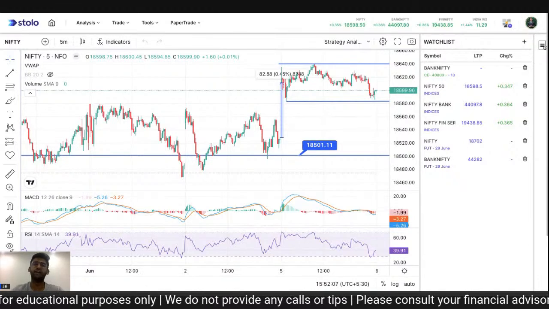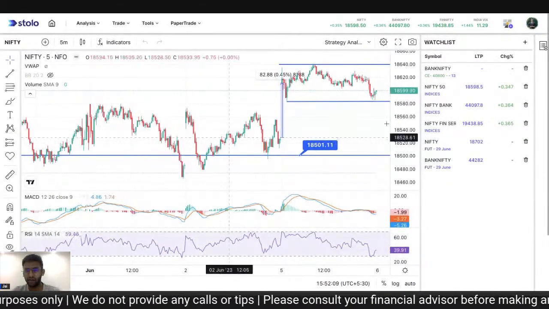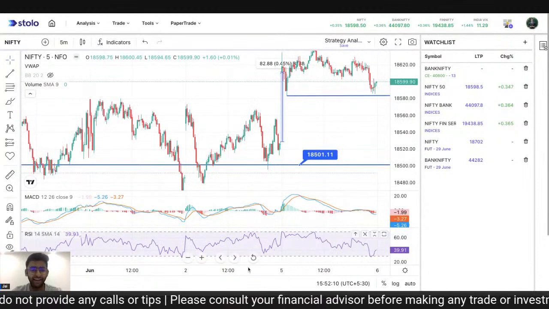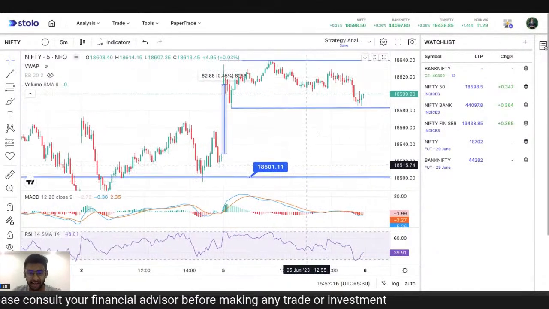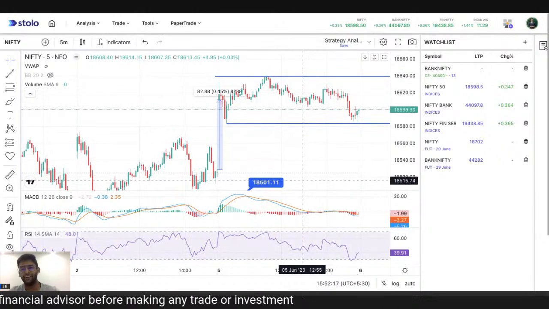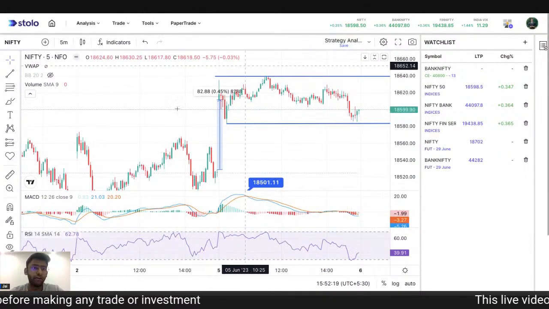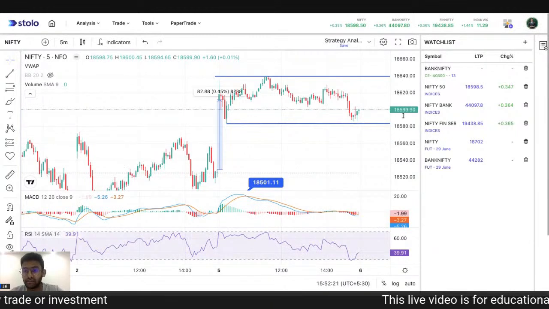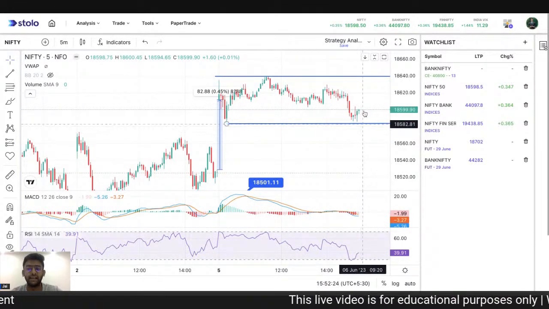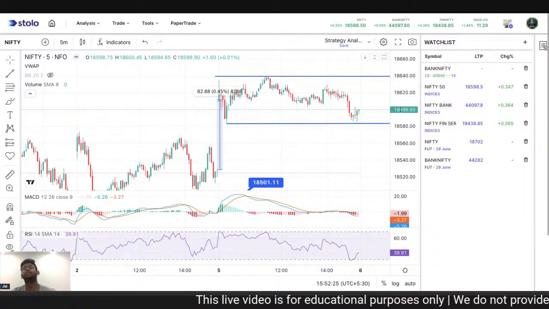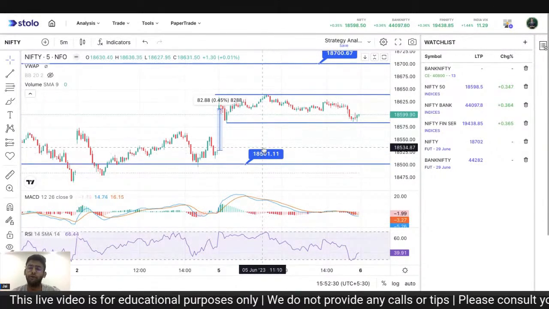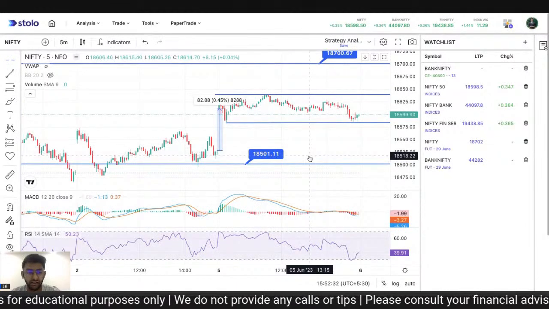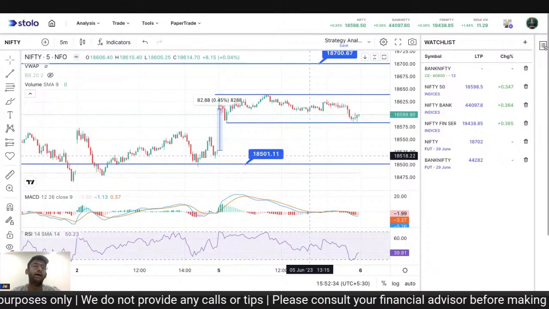So yes, today a very boring market, right? I don't think option buyers would have been awake, they would have been taking a nap for sure today. So we're looking at the Nifty spot chart for today. 18,600 is exactly where we are ending, right? 18,500 is a very strong support based on OI.